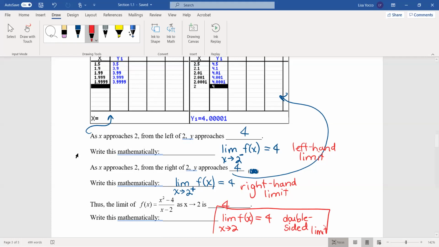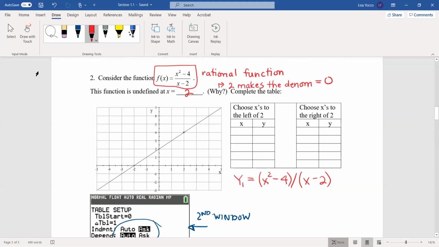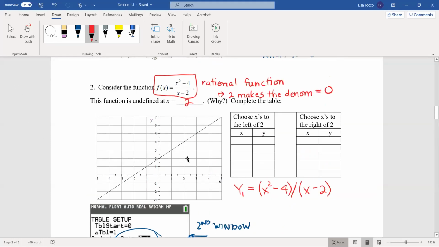Okay. And let me take you back to the graph for a minute. So this is actually, like I said, a rational function, and the graph is actually a line with a hole in it. I just drew the hole to make it more visible.